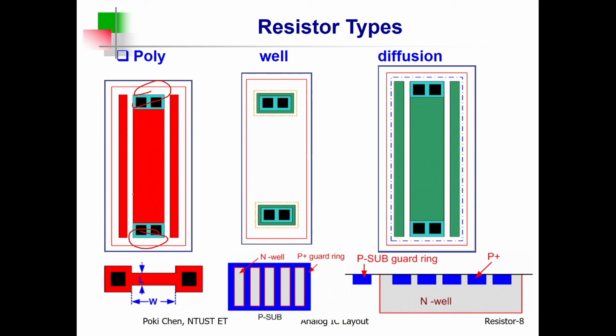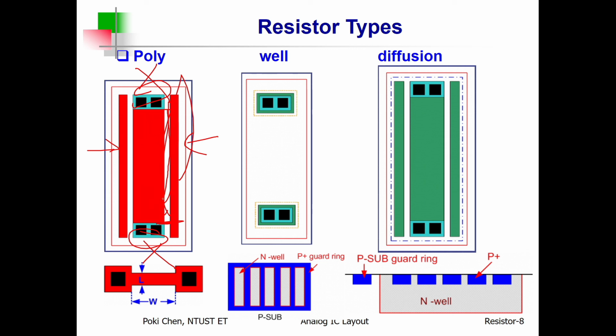Because they almost don't have any impact on the effective length from here to there. Okay, that's it, no more. And this is the reason why dummies are laid out only on both sides, but not at both ends. This is a very good example of a resistor type on chip.